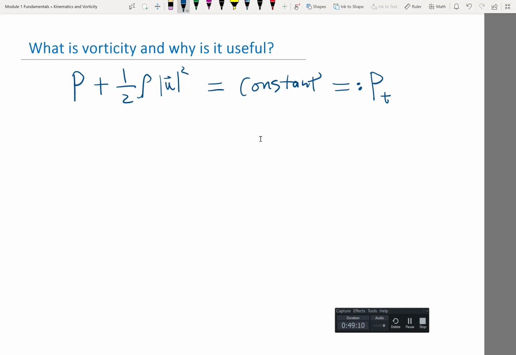But what's often mistaken by a lot of people, especially at your stage in learning aerodynamics, is when this is applicable and when it is not applicable.